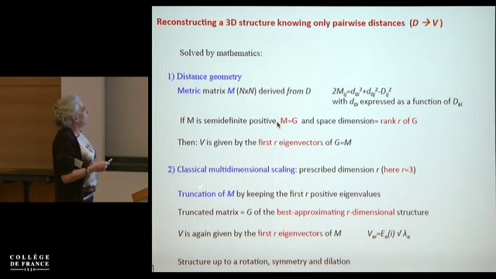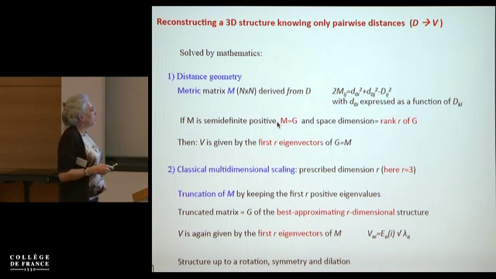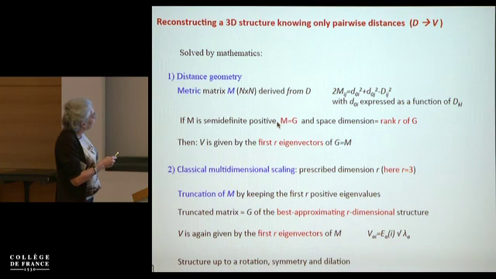And an approximate approach, part of a whole family of approaches termed multidimensional scaling, which allows to truncate the metric matrix in case it is not positive semi-definite and get the best approximating structure in a given dimension.